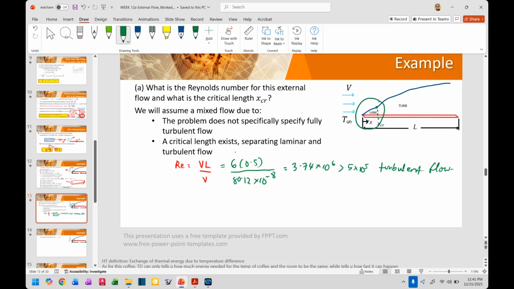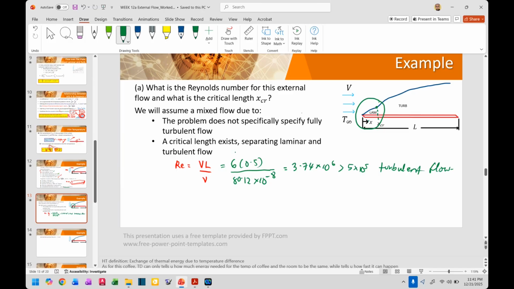If you don't know whether it is a mixed regime or a fully turbulent flow, you assume first it's a mixed flow, and later you find out that the laminar regime is too short. I will tell you how short is short, but later you find out that the laminar regime of the flat plate is too little compared to the turbulent part. You can omit the laminar side.